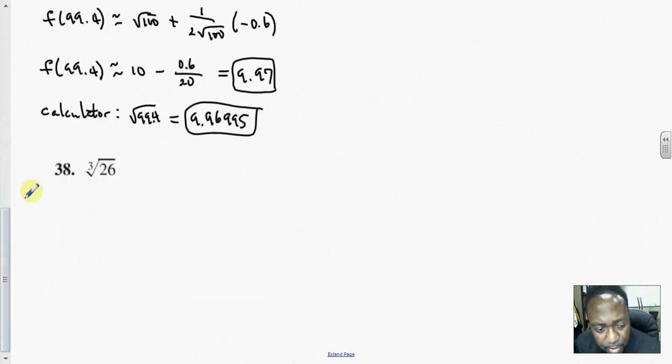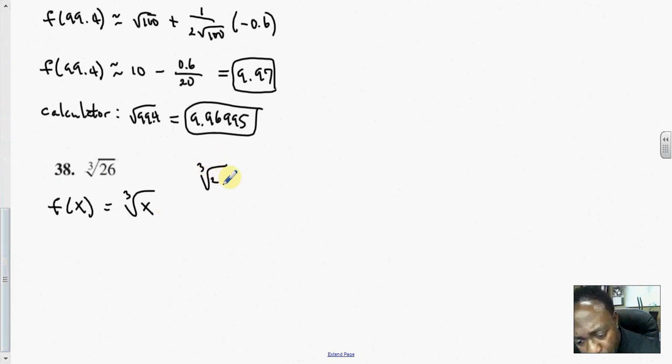Now let me do this one quickly. Make sure we got it. The function that we're considering, f of x, is the cube root of x. The cube root of 26, we don't know by hand, but we do know the cube root of 27, which is 3.